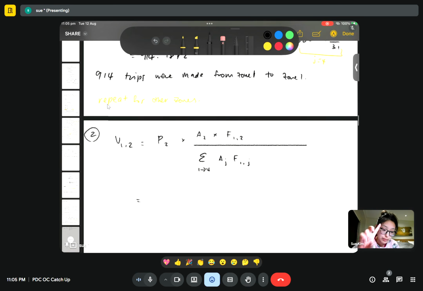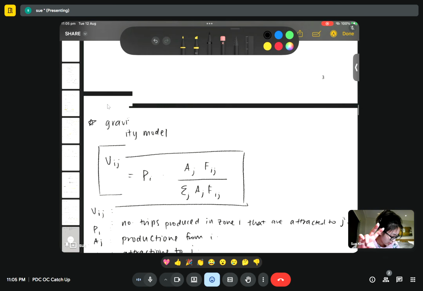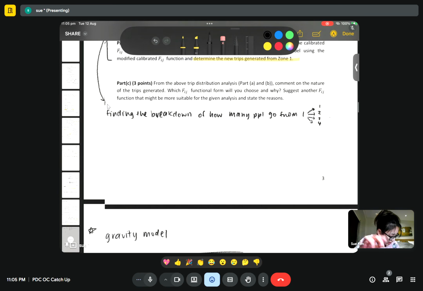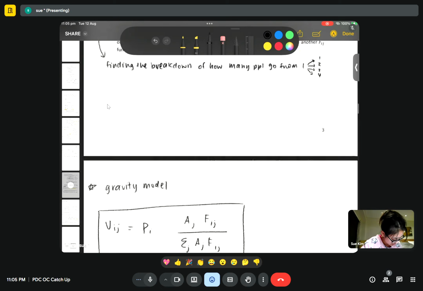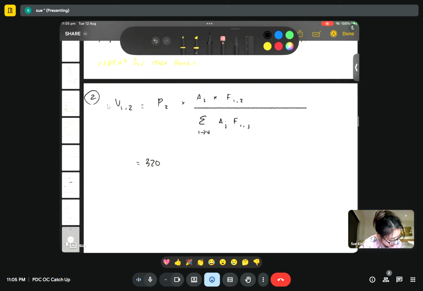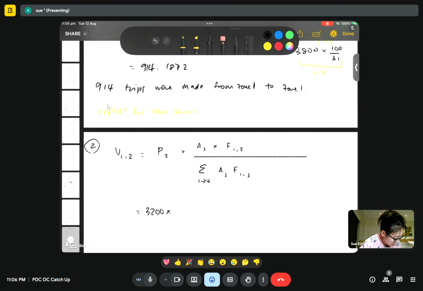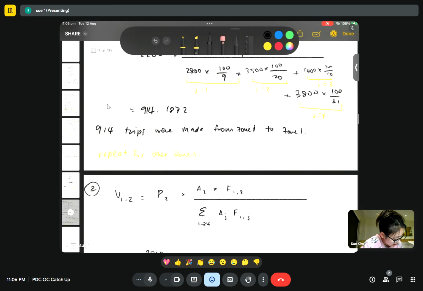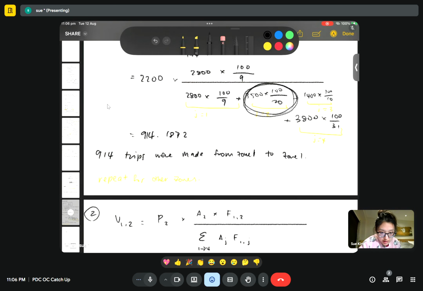Firstly, let me find P2, productions to zone 2, and that's going to be this one here, 3,200. But then after that, I need to find A2 times F12, but that's actually going to be the same as this set right here, where I already subbed in j equals 2 and found the same thing.